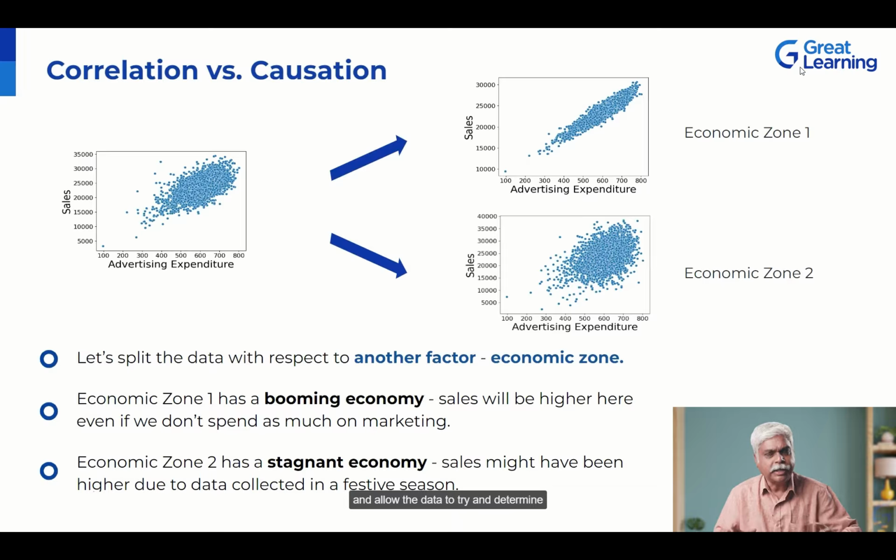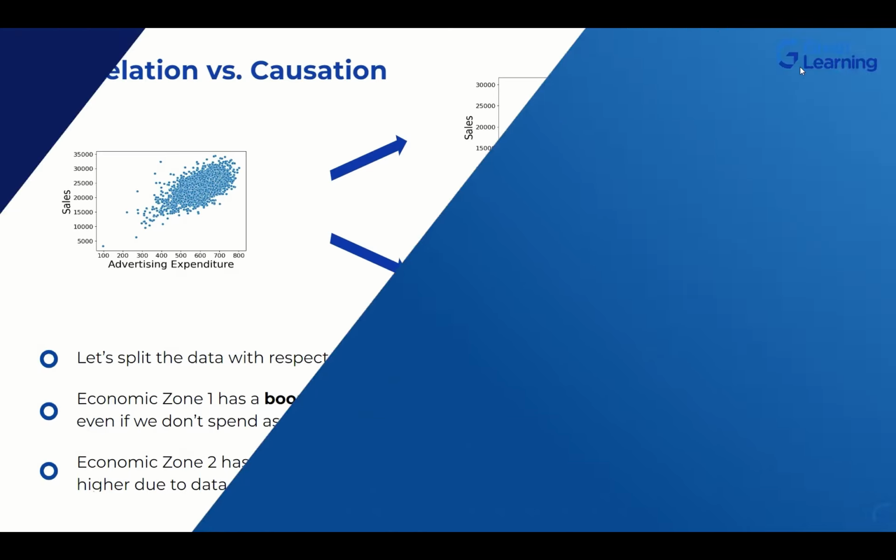This is one trick that's often used so that we can get a data-driven look at causation and allow the data to try and determine where correlation might be coming from. And this points to saying your correlation is coming from some effect that is present in zone 1 but is not present in zone 2. And now you have more information and you can dig a little deeper.